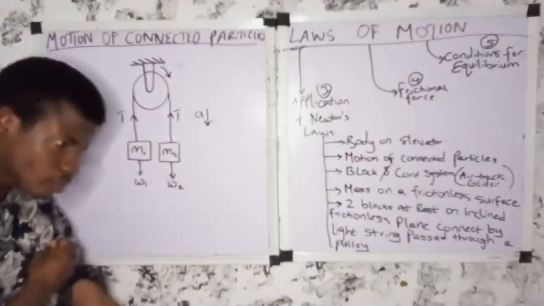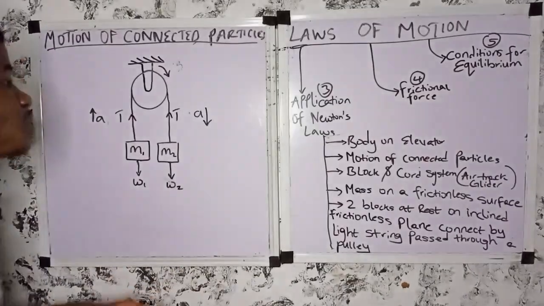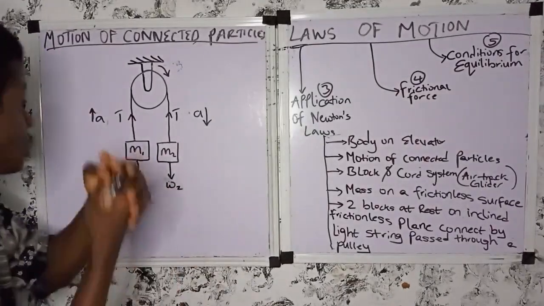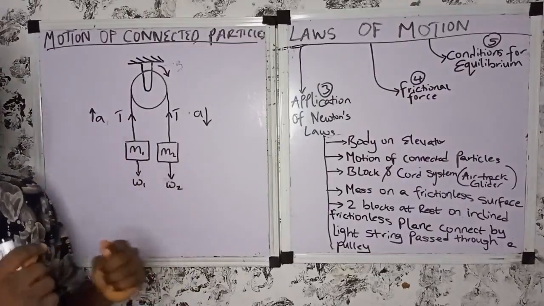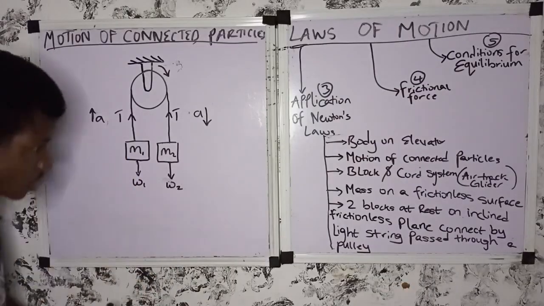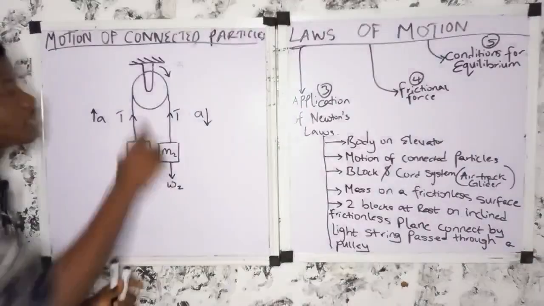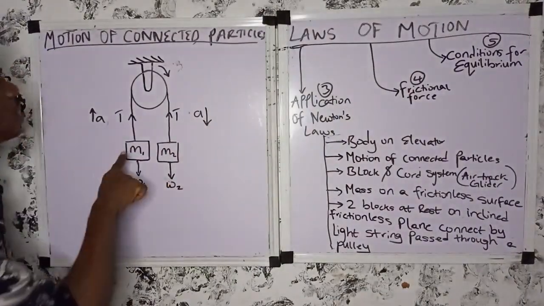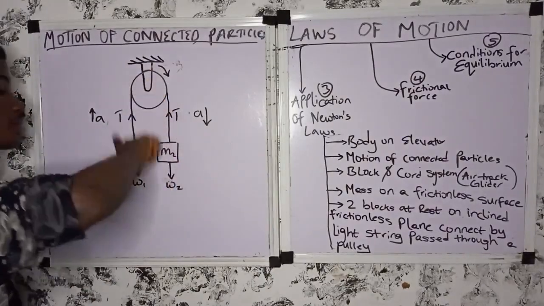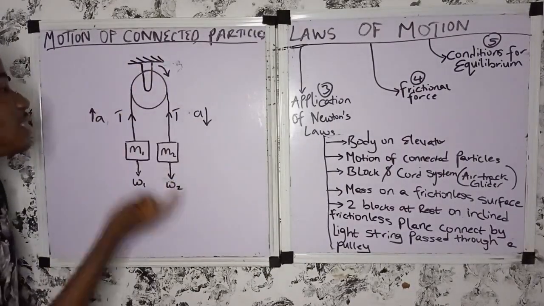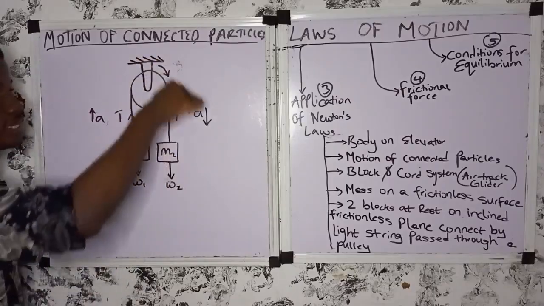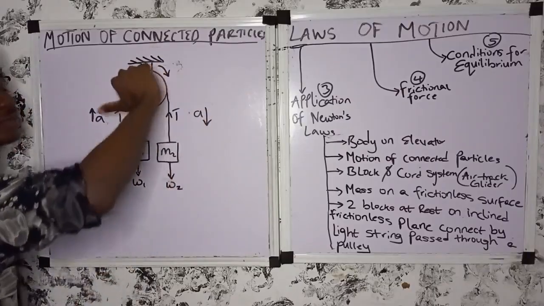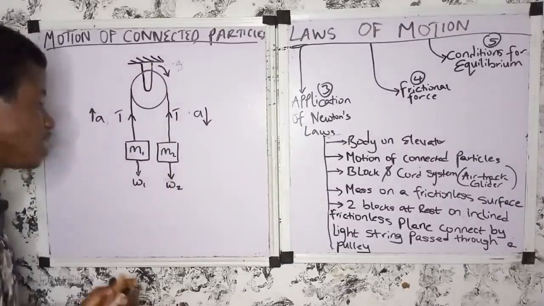Before we start deriving the equations to calculate the acceleration and the tension, there are important things you need to know. Now, because this is a pulley, take note: the direction of the motion of the connected particles can go either way. So what does the direction depend on?